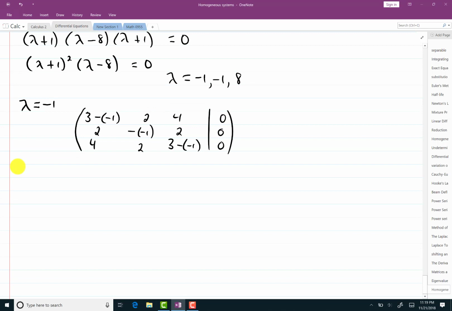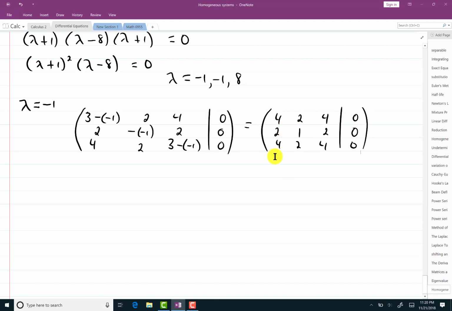Let's see what this equals. I'll get 4, 2, 4, 0, 2, 1, 2, 0, 4, 2, 4, 0. Let me put my line to indicate it's an augmented matrix. Now if you see, all 3 of these are multiples of the other 2.